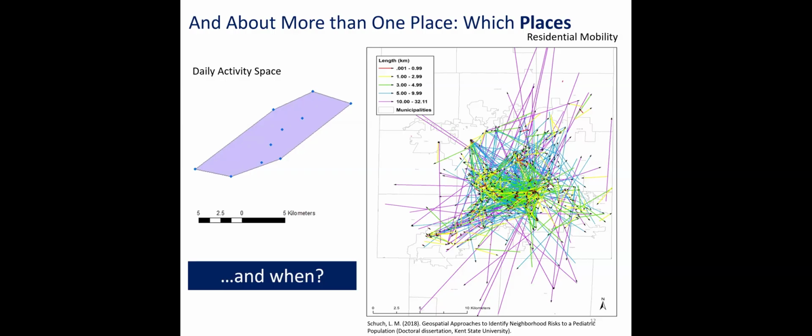And then also there's the question of time and when. So we can think about the temporal component over the course of a day, a week, seasonally, years. We can also think about it over a patient life course, though, because there are certain time points in a person's biology when they are going to be more affected by their surrounding environment than others. You can think about prenatally, you can think about early childhood, et cetera.